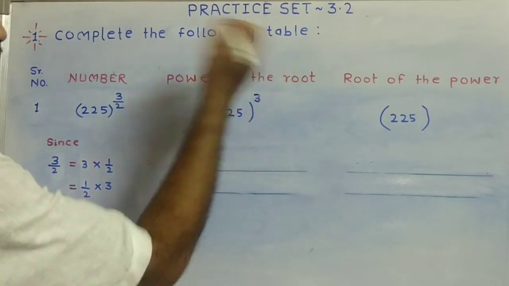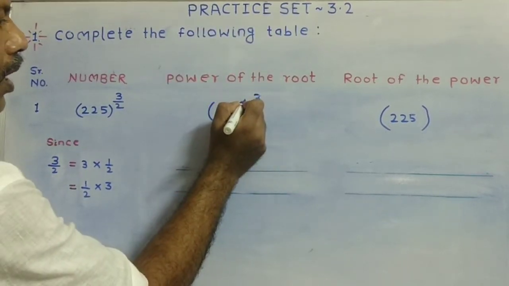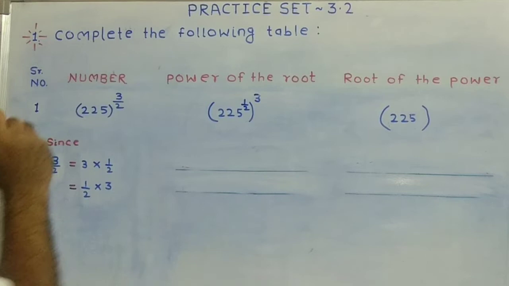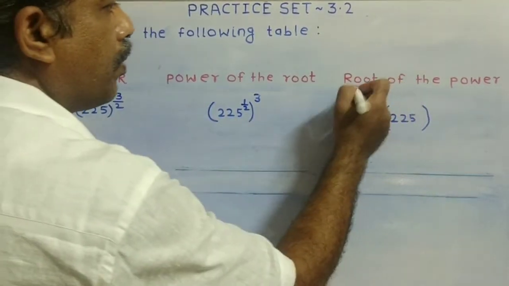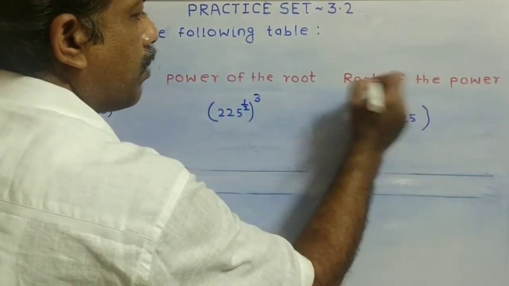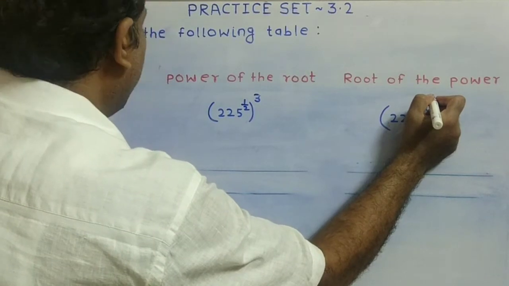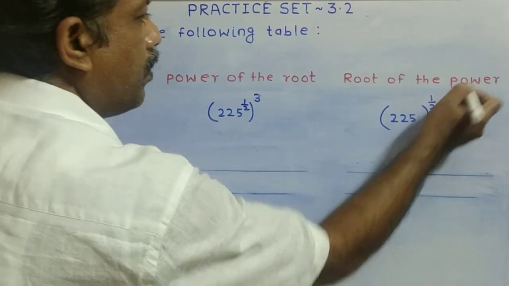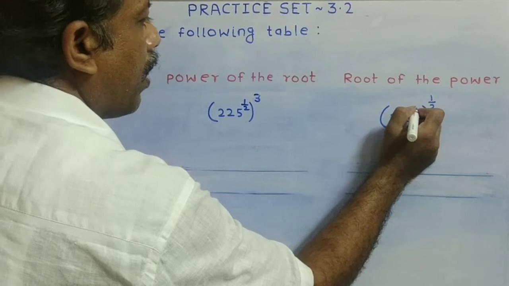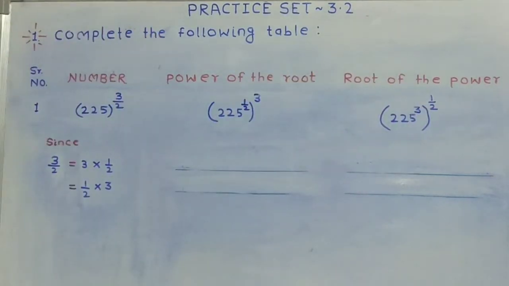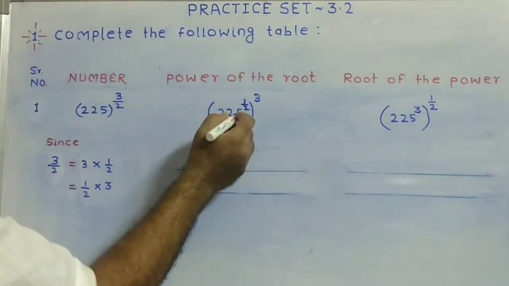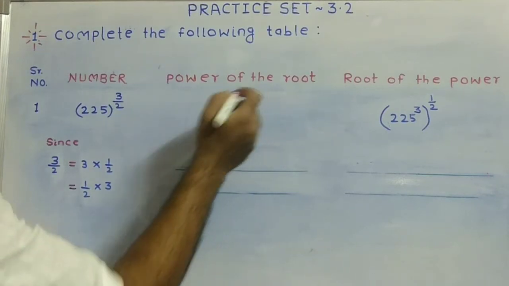Take here the power of the root, then write root here 1 upon 2. In the similar manner, root of the power. It means start from here. Which is your root? Your root is 1 upon 2. And which is your power? Your power is 3. Now, you can write it in the form of statement.